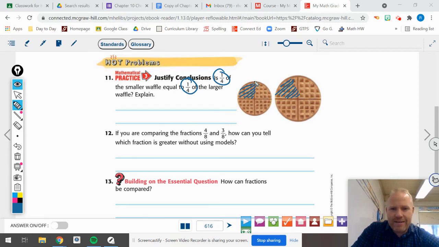So when we look at that, is this shape the same size as this shape? We could argue that they are the same shape, but are they the same size? So are they equal? No.